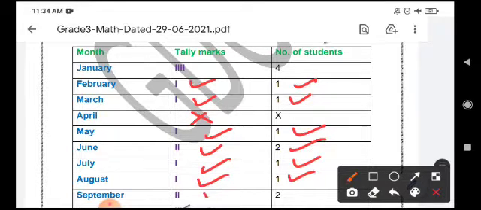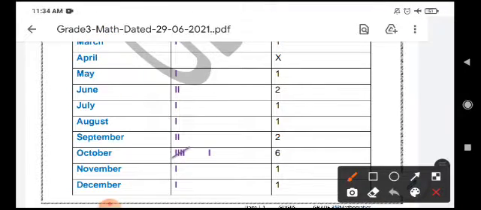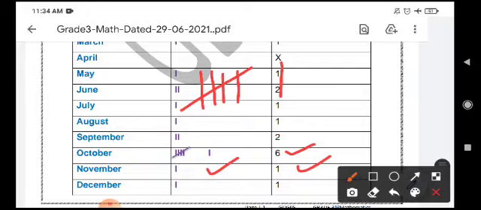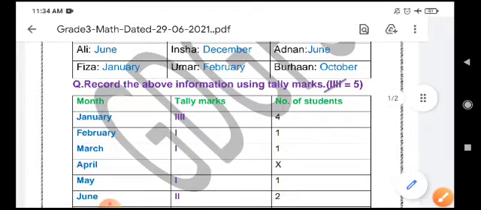In the month of September, 2. Then comes October. How many? 6. So how you are going to show 6? 1, 2, 3, 4, 5 and 6. Done? And in the month of November, only 1 birthday falls. Then in December, 1. Okay, we have handled the data in terms of tally marks.